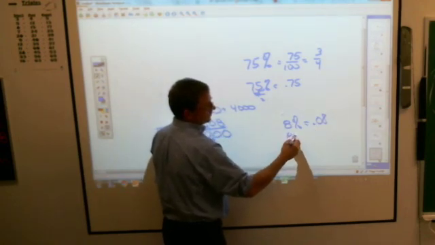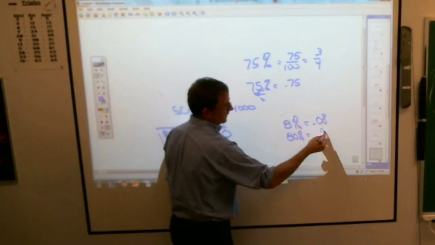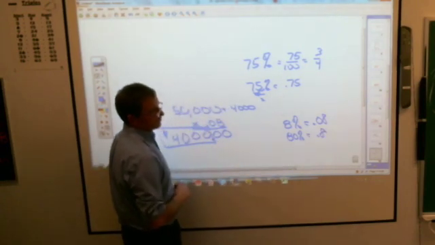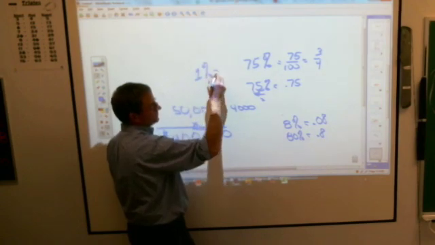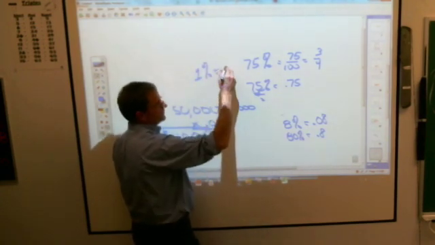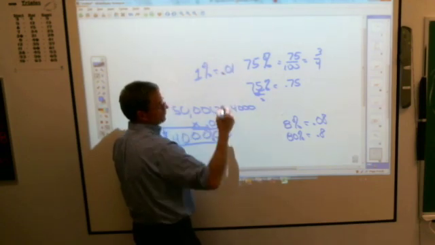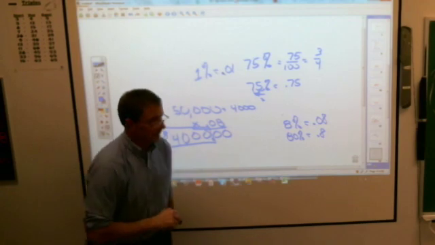If it's 80% as a decimal, 2 places, it's 0.8. People get those mixed up a lot. What's 1% as a decimal? 0.01. 0.1 is 10%. 1% is 0.01.